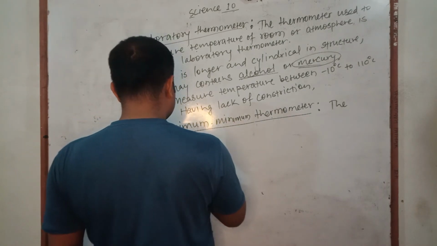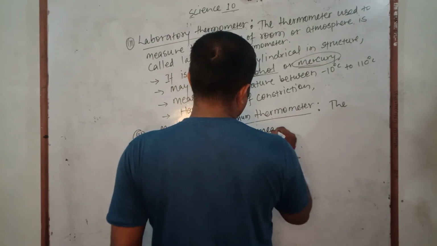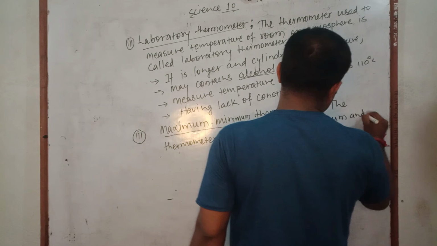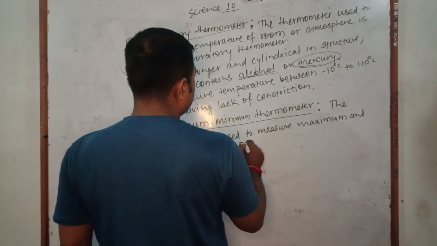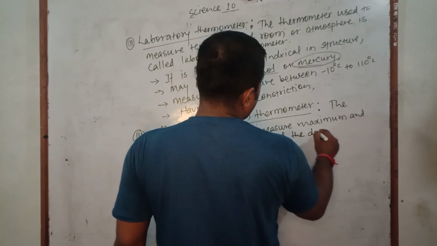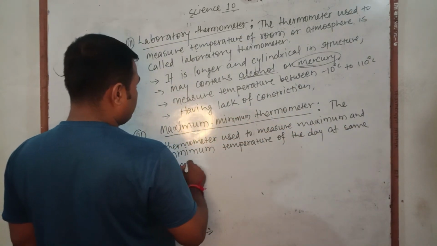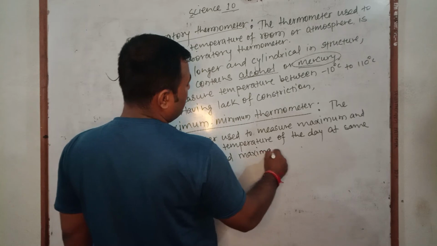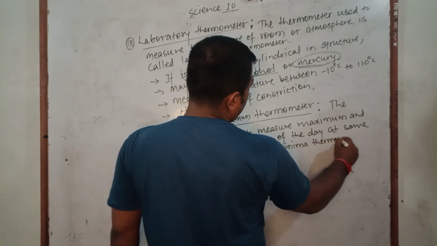The thermometer used to measure maximum and minimum temperature of the day at the same time is called maxima minima thermometer.